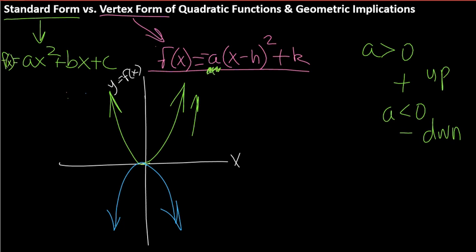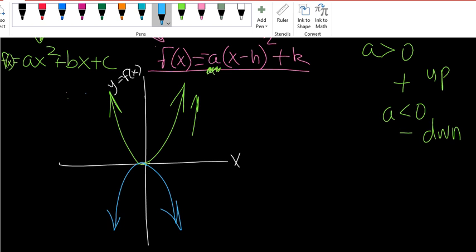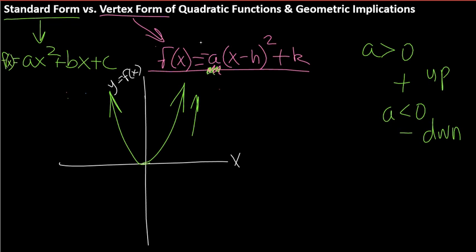Another thing about a, go ahead and erase that for now. Another thing about a, as far as transformations go, the larger a is, the skinnier that your parabola is going to be, for lack of a better phrase.